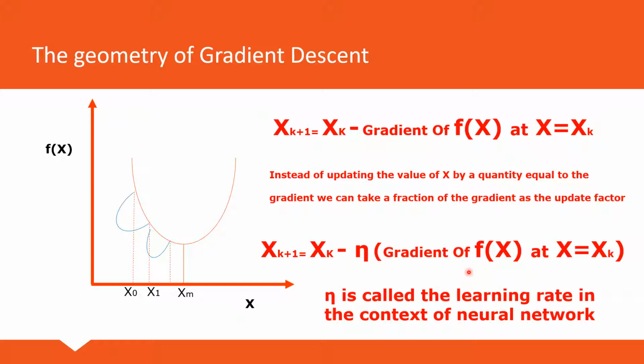And also, it is not likely to be a convex function like this, where you will have a global minima point or a universal minima point.